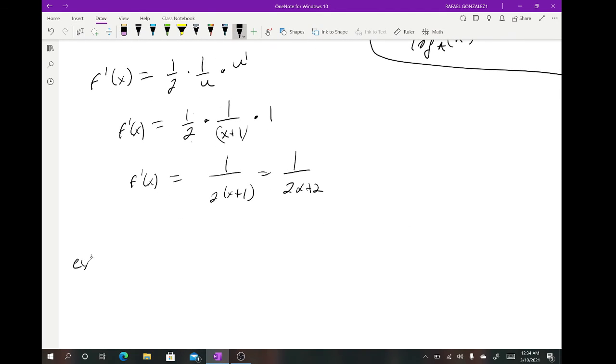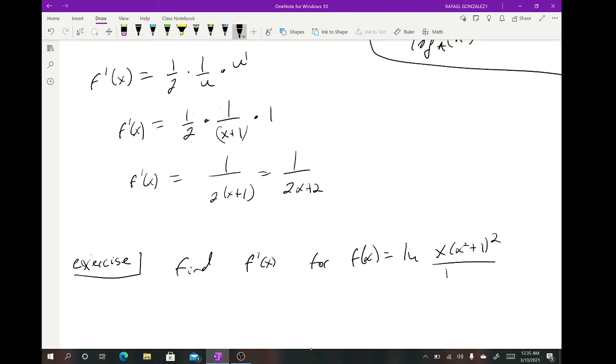I'm going to leave a problem as an exercise for you to try. It's definitely more of a challenge problem, but if you could do it, then you're in good hands. Find f prime of x for f of x equals ln of x times x squared plus 1 squared, divided by the square root of 2x cubed minus 1.